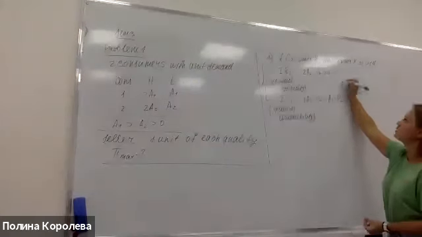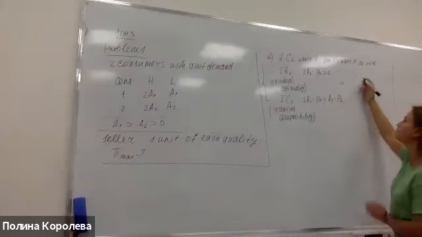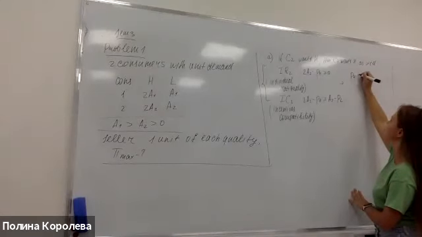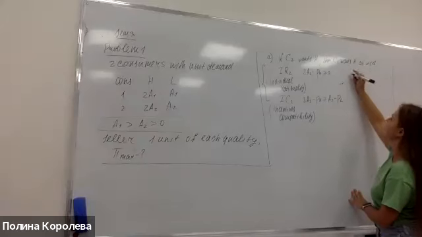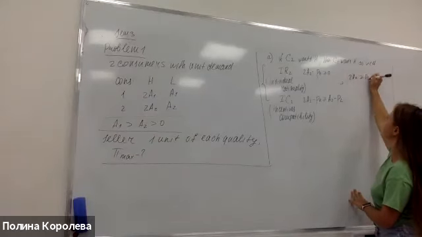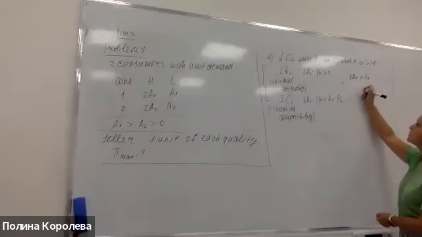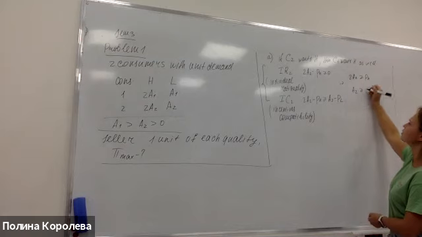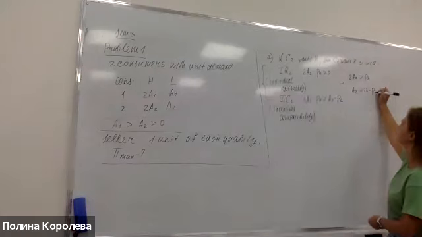So let's rewrite. 2A2 should be greater or equal to the price of the high quality good, and A2 should be greater or equal to PH minus P low.